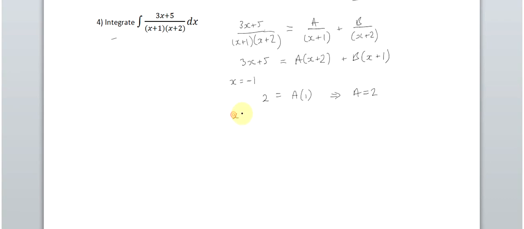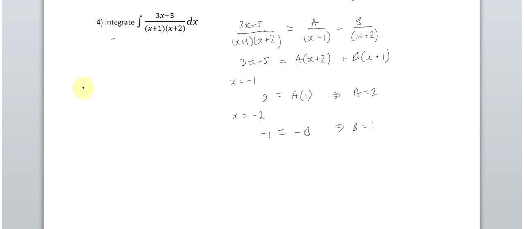And then if we stick in x equaling negative 2, then we end up with negative 1 on this side. The a of course vanishes, and we're left with minus b, which of course means that b equals 1.